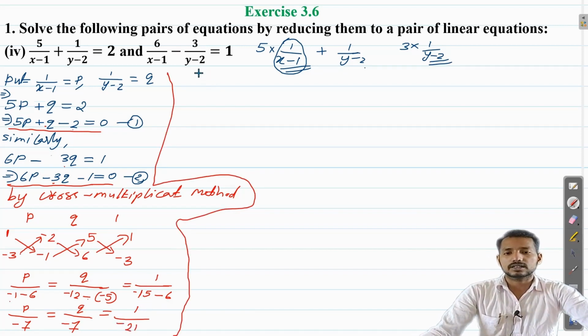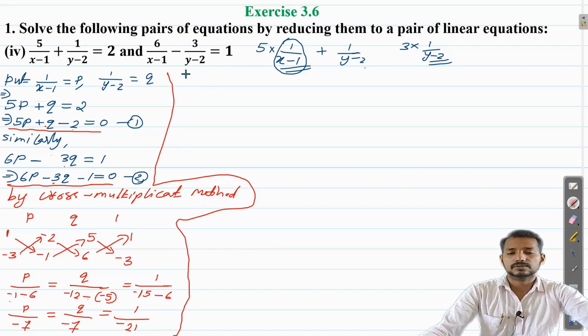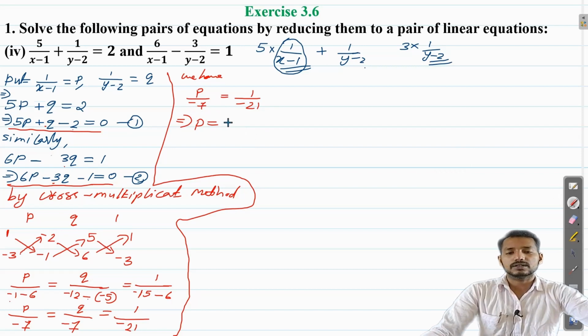First I am comparing the first and the last term, so we have p divided by minus 7 equal to 1 by minus 21. Solve it. That implies p is equal to, denominator minus 7 will go to the numerator. When it comes to the right side, it will be minus numerator minus 7 divided by minus 21. Minus is cancelled. 7 divided by 21 is equal to 1 by 3.